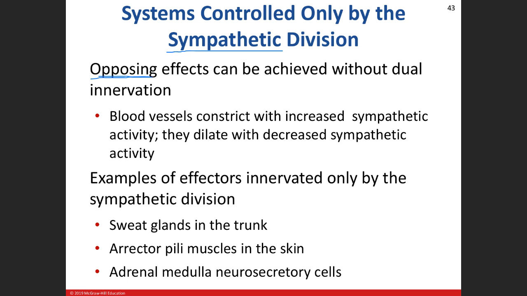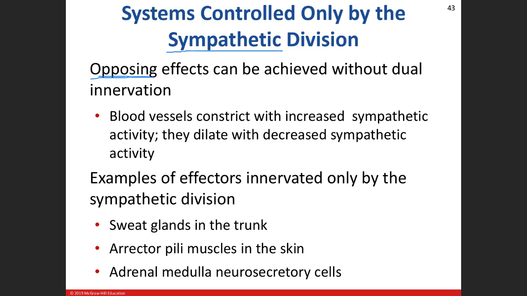But now, let's say you want to vasodilate. No problem. We'll turn the dial down on the sympathetic nervous system, so it starts to release less neurotransmitter. It's not as active, and when it does that, it causes vasodilation.